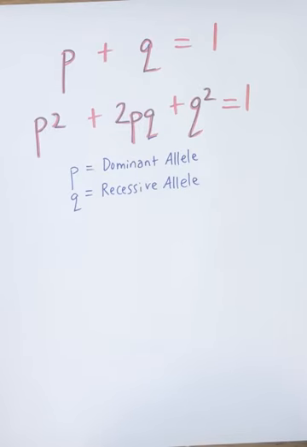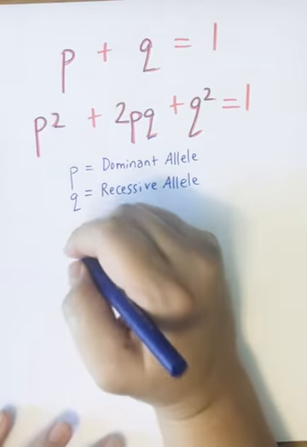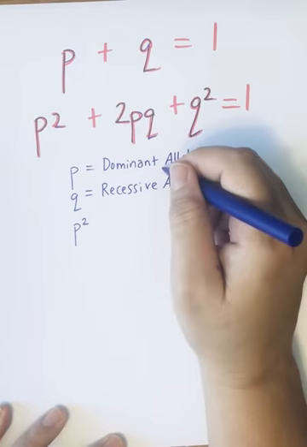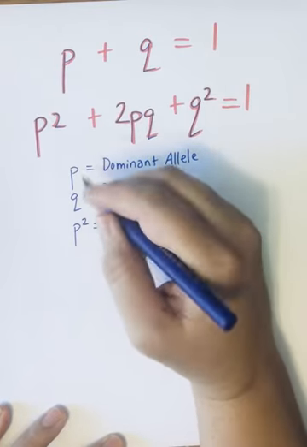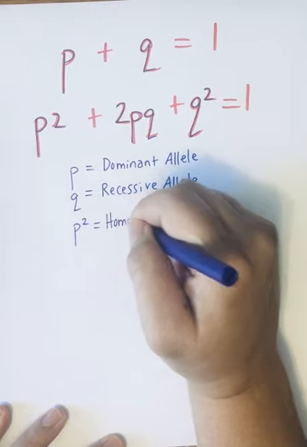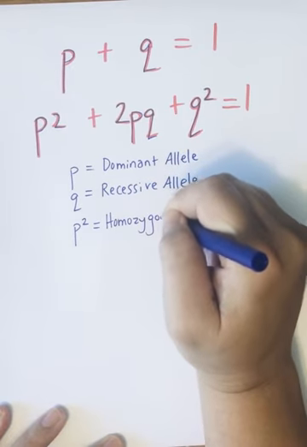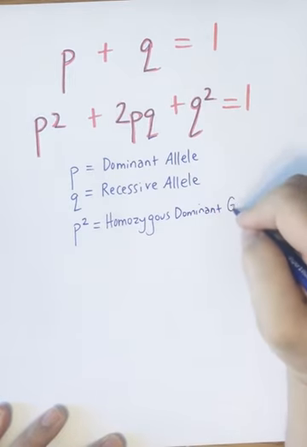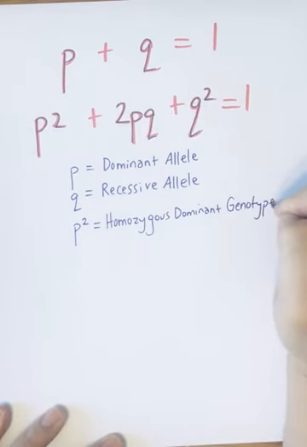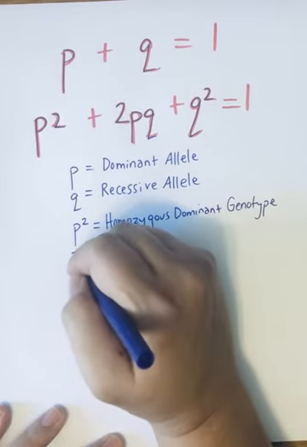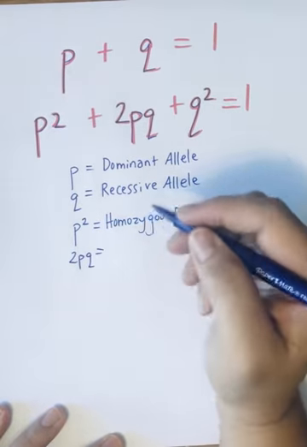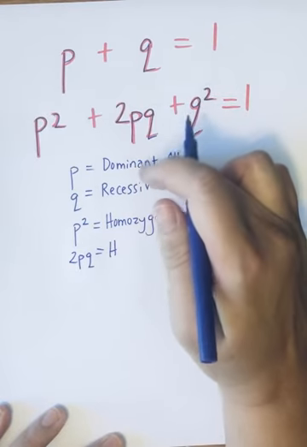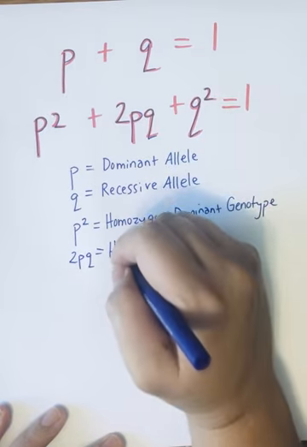Okay, so when you say P squared, you have two P's, two dominant alleles. This is going to be your homozygous dominant genotype. 2PQ is going to be heterozygous because it's got a P and a Q, one dominant and one recessive.